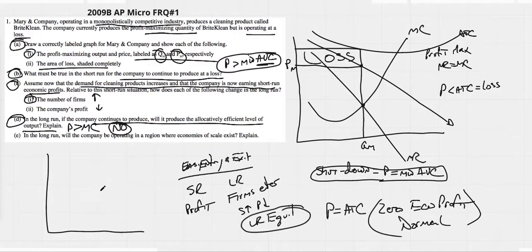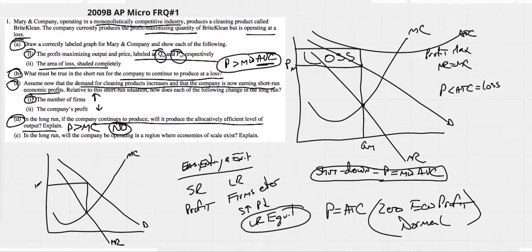Let's draw it in the long run. For monopolistic comp, one of the important things is to know immediately what monopolistic comp looks like in the long run. Because there's easy entry and no barriers to exit or entry, your ATC in the long run would be tangent to the price.